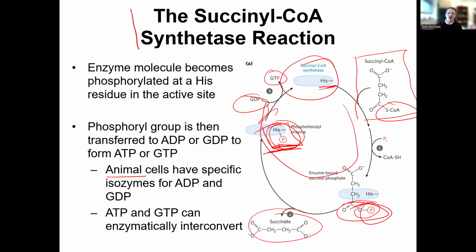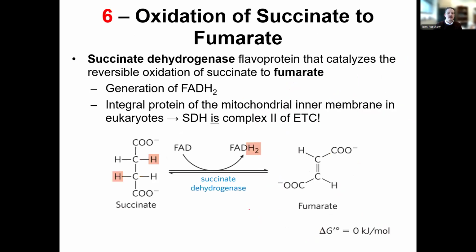We're going to move now on to step 6, where we take that succinate and it is converted into fumarate. Step 6, oxidation of succinate to fumarate. Again, we've got our friend dehydrogenase.